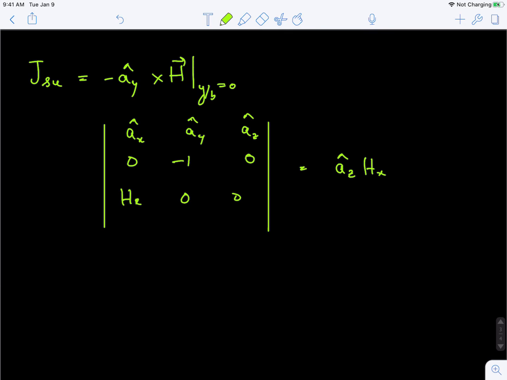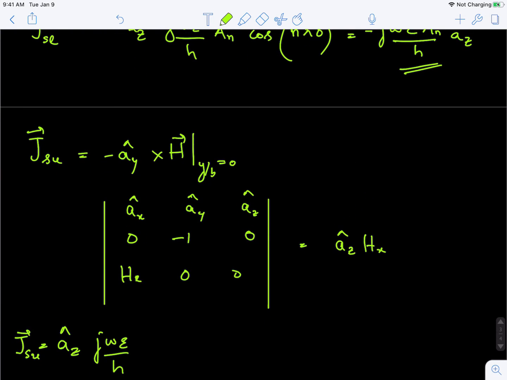Okay, so a_z Hx. If that's the case, then J_SU, the current density on the upper plate, is going to be j omega epsilon by h a_n cos(n pi y / b).